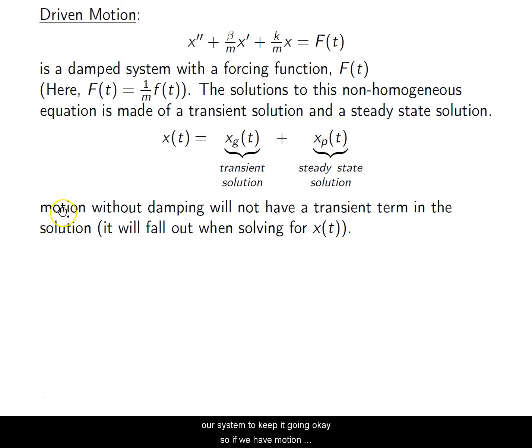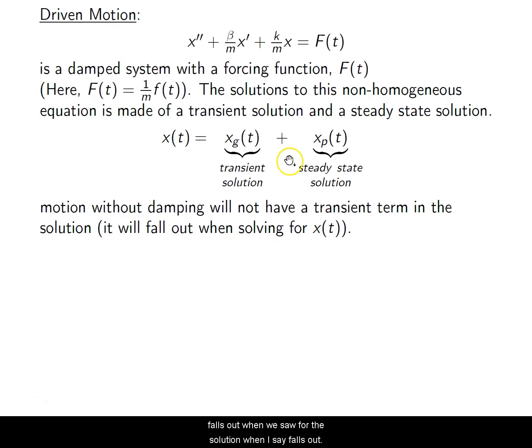Okay, so if we have motion that does not have a damping portion, that's going to change our equation a little bit. Basically, this just goes away, right? And the transient portion will also disappear. Basically, it just falls out when we solve for this solution.